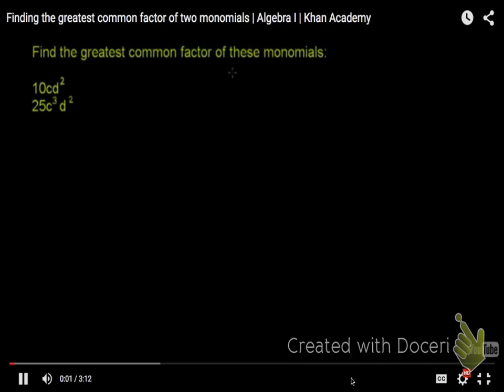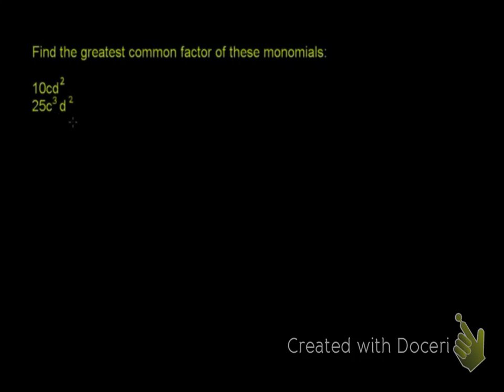Find the greatest common factor of these monomials. Now, the greatest common factor of anything is the largest factor that's divisible into both, if we're talking about just pure numbers, into both numbers, or in this case, into both monomials. We have to be a little bit careful when we talk about greatest in the context of algebraic expressions like this, because it's greatest from the point of view that it includes the most factors of each of these monomials.